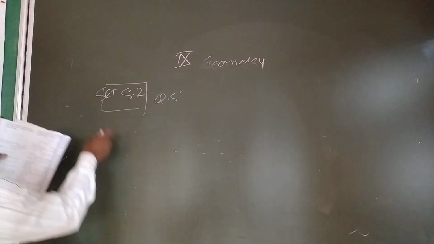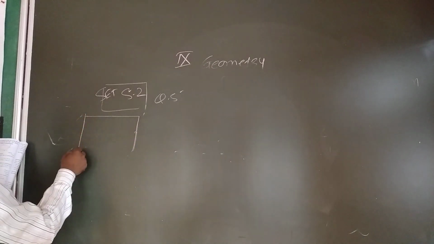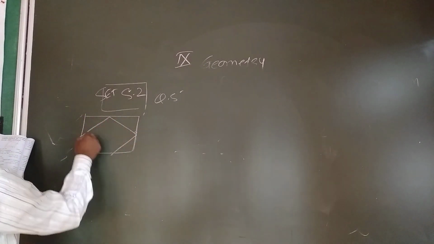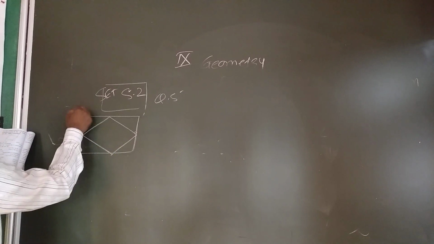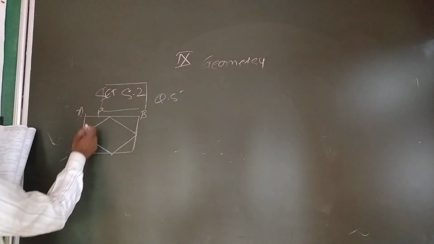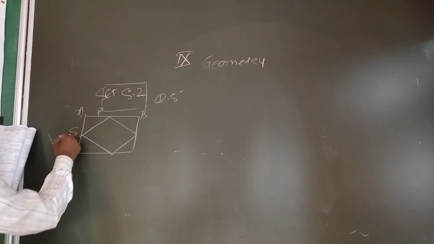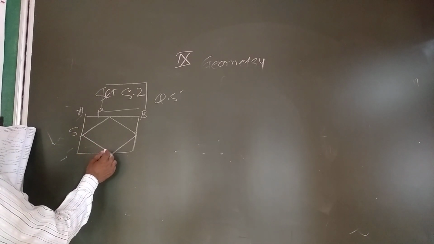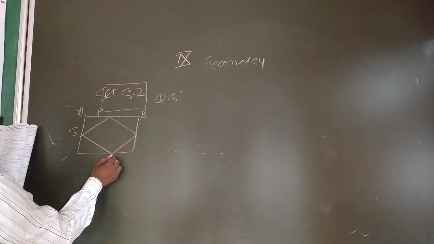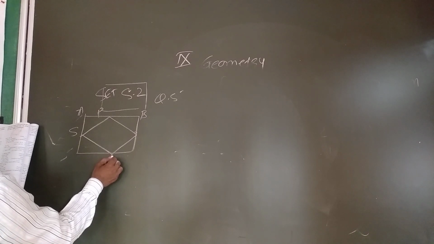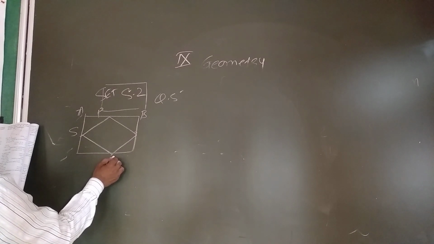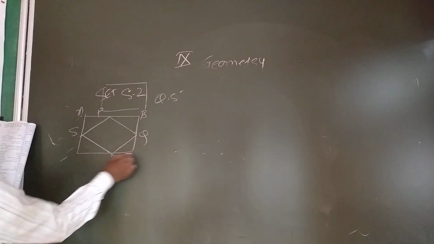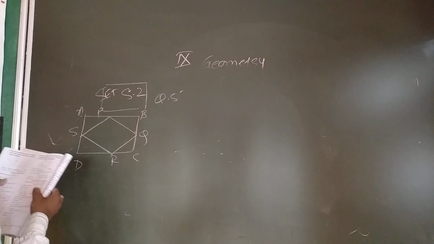So I will draw the diagram here. Then I will read the question. In the figure, PQRS are points on the sides of a parallelogram, and AP is equal to BQ is equal to CR is equal to DS.